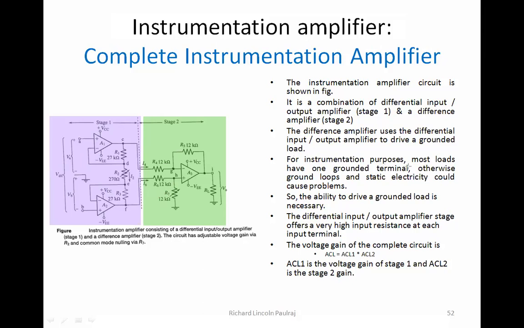Now for instrumentation purposes, most loads have one grounded terminal. Otherwise, ground loops and static electricity could cause problems. The reason we have just one ground is that from one stage to another it should just be passed on. If I don't have a ground here, it's going to cause static electricity.